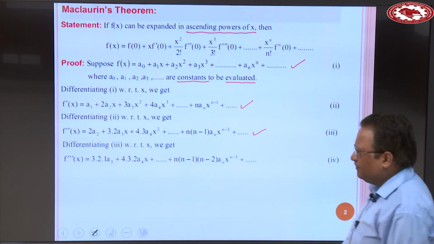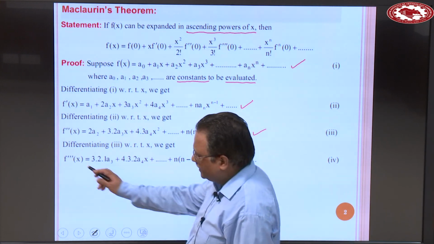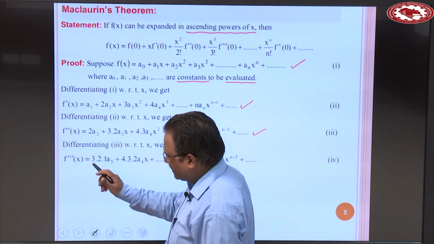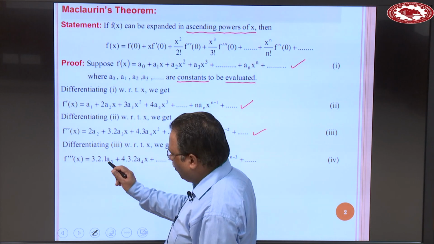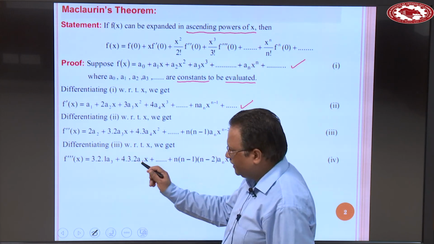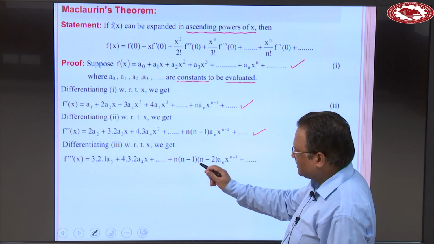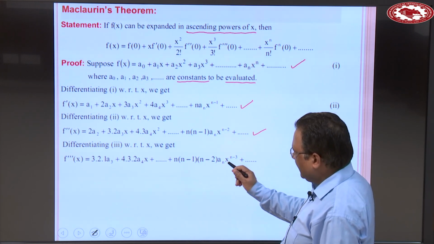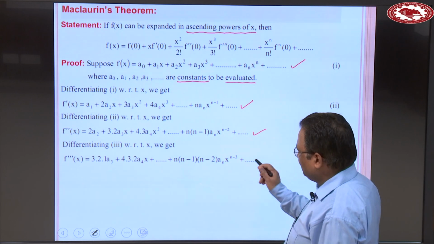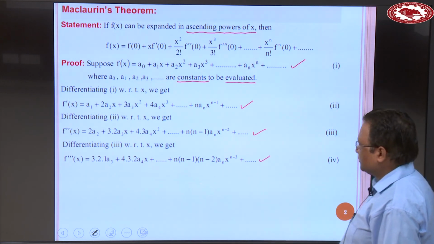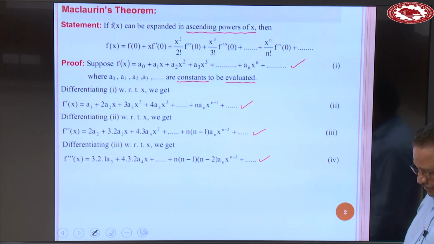Again differentiating with respect to x. So, third differentiation f'''(x) is equal to 3·2·1 a3 plus 4·3·2 a4 x plus and so on, n into n minus 1 into n minus 2 an x to the power n minus 3 plus and so on. So, write down this expression number 4.